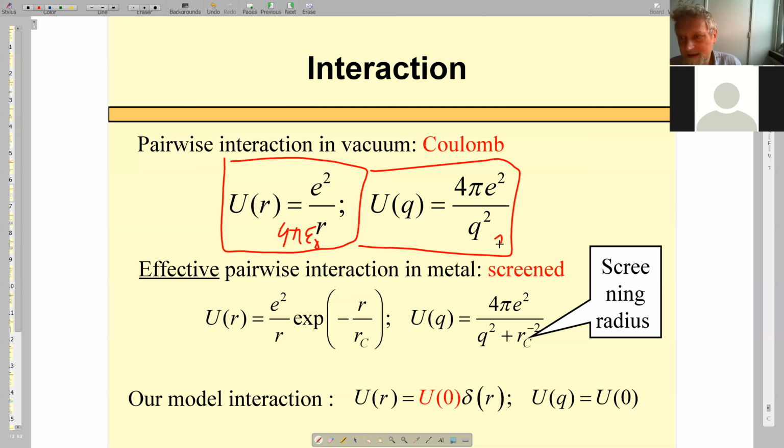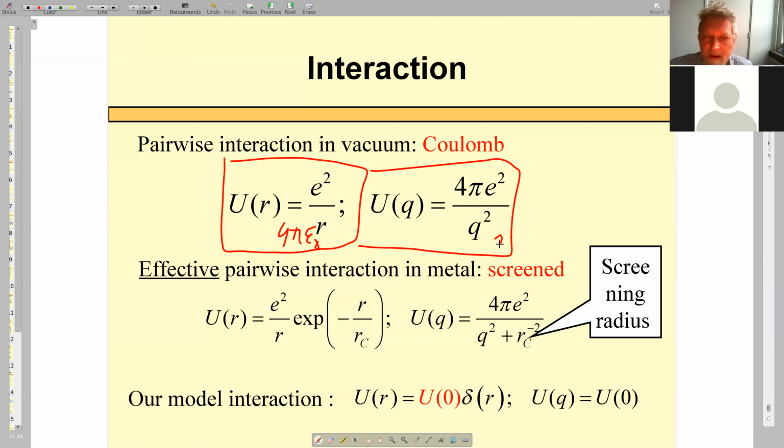That does not really correspond to what happens in metals, where there are many electrons at rather short distances from each other.